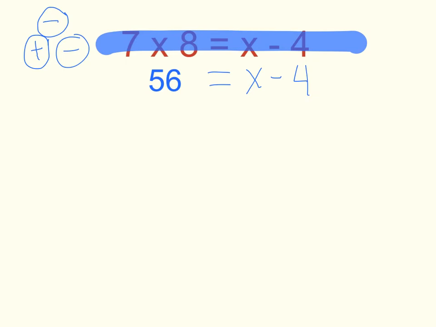So in order to get a bigger number, I know that I'll need to add, because when I subtract, I'd get a smaller number. So I'm going to add the two numbers I'm given. I only have 56 and 4 for options, so I'm going to add 4. But if I add 4 on this side, I need to add 4 on the other side as well.